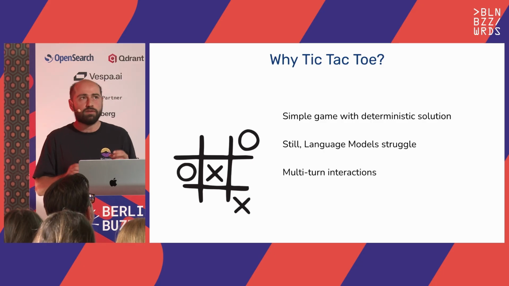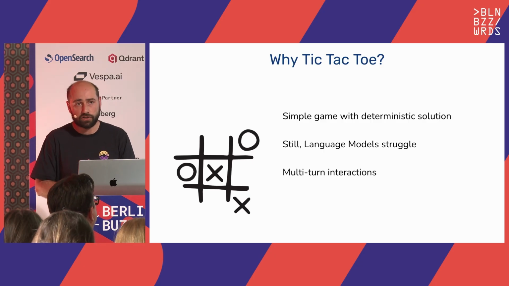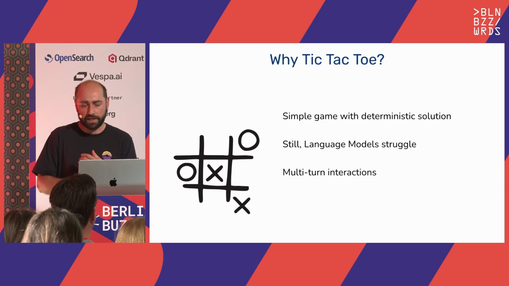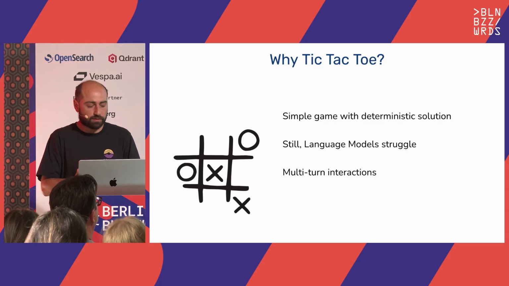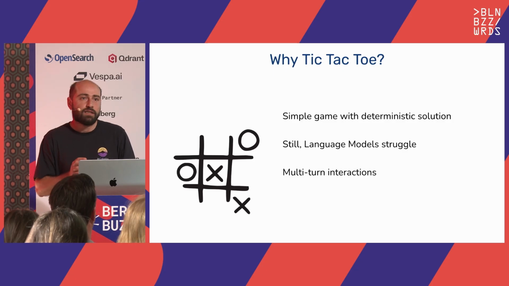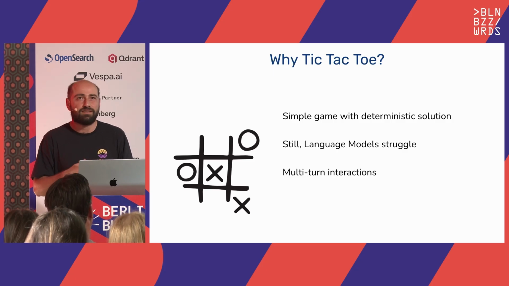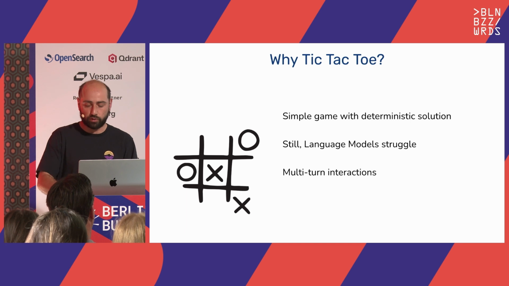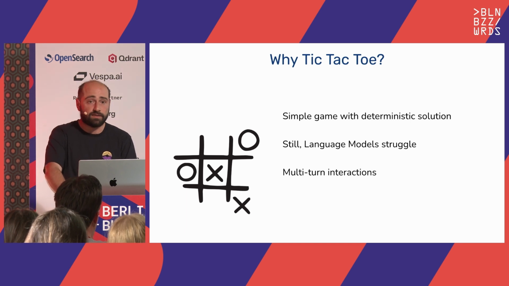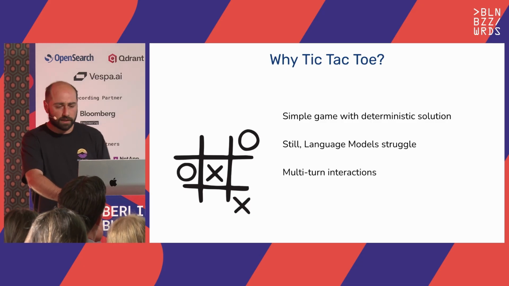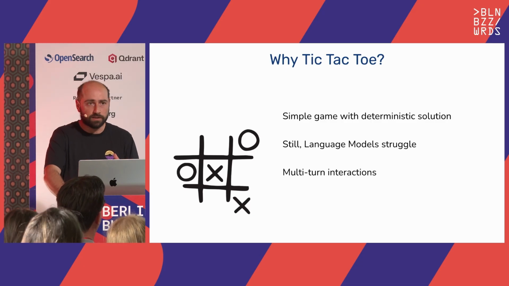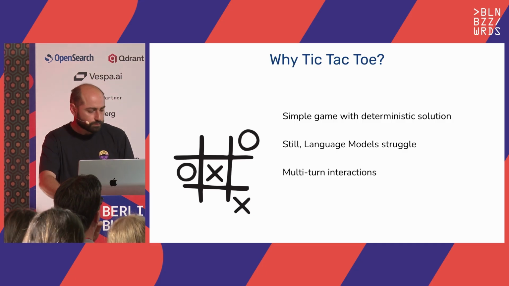And also, this requires multi-turn interactions between the model and the game engine. And since the opponent's response may vary, it's a kind of task that is a bit hard to capture well with a static dataset, while a dynamic software artifact like a reinforcement learning environment seems more adapted.